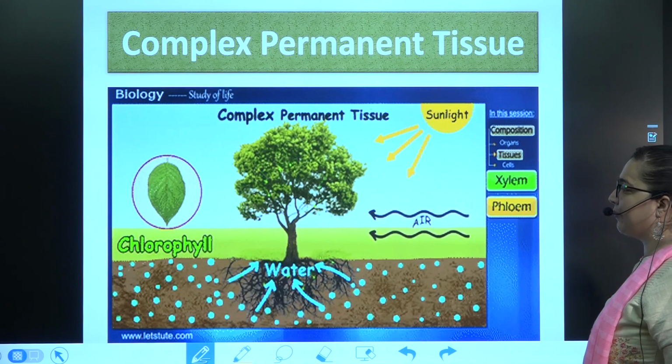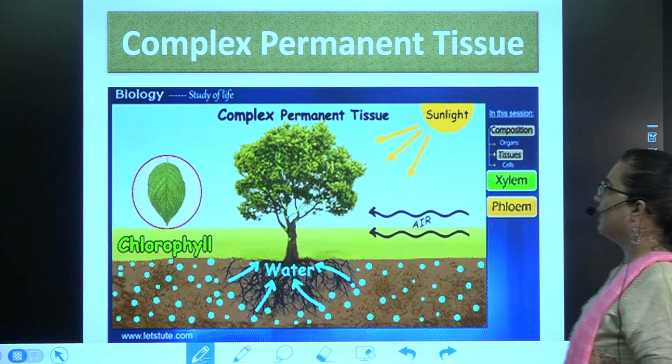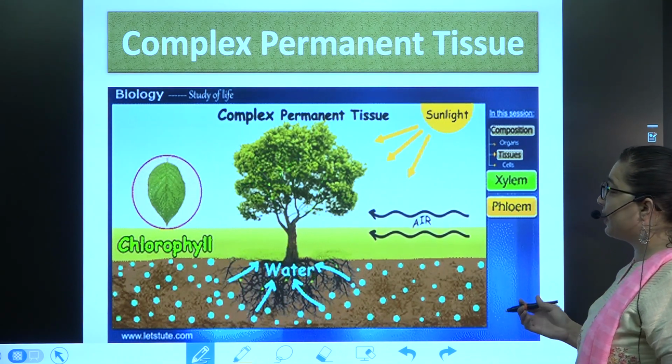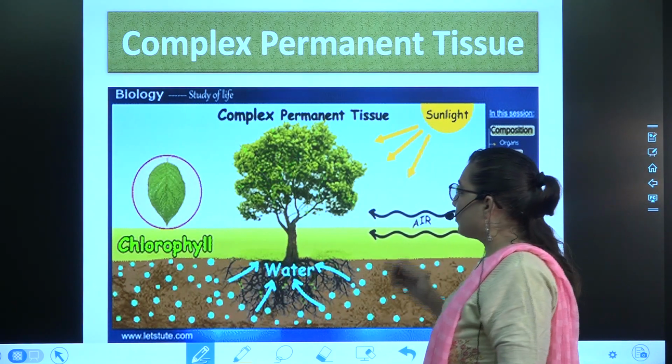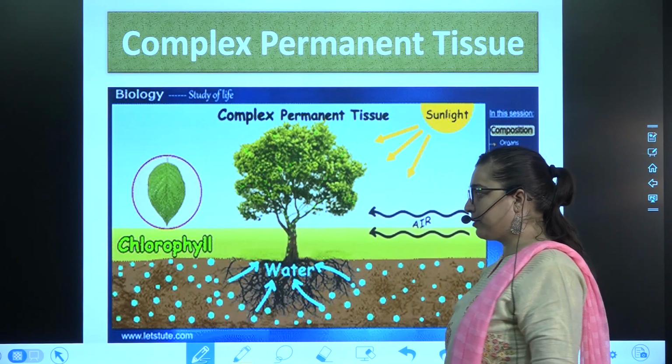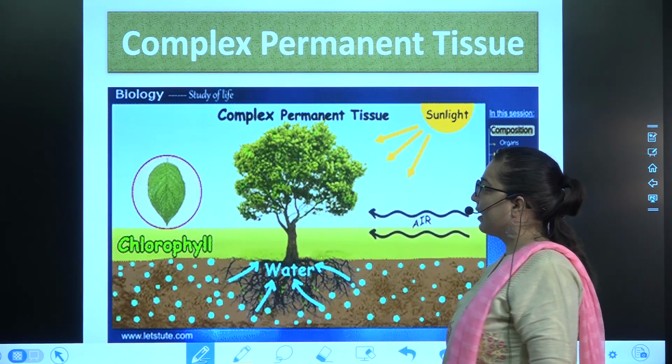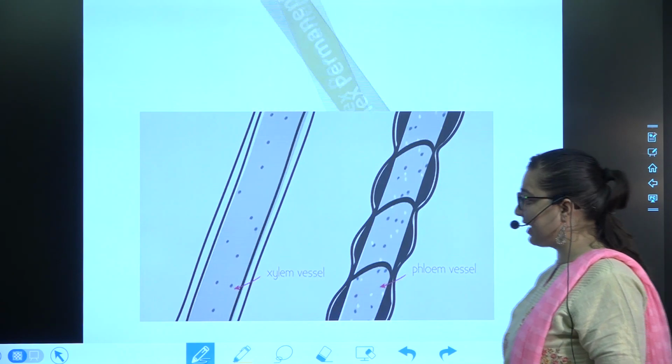With the help of air, water and chlorophyll, the plants are able to make their own food. That is because of the 2 types of tissue, xylem and phloem. This we had seen last time.